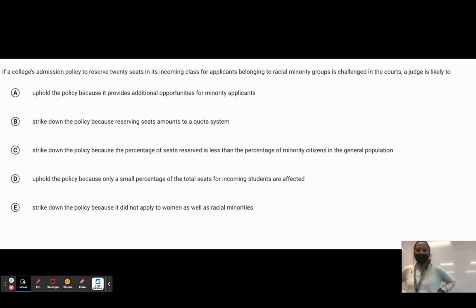Uphold the policy because it provides additional opportunities for minority applicants, strike down the policy because reserving seats amounts to a quota system, strike down the policy because the percentage of seats reserved is less than the percentage of minority citizens in the general population, uphold the policy because only a small percentage of the total seats for incoming students are affected, or strike down the policy because it did not apply to women as well as racial minorities. So go ahead and talk to people next to you if you want for this one.